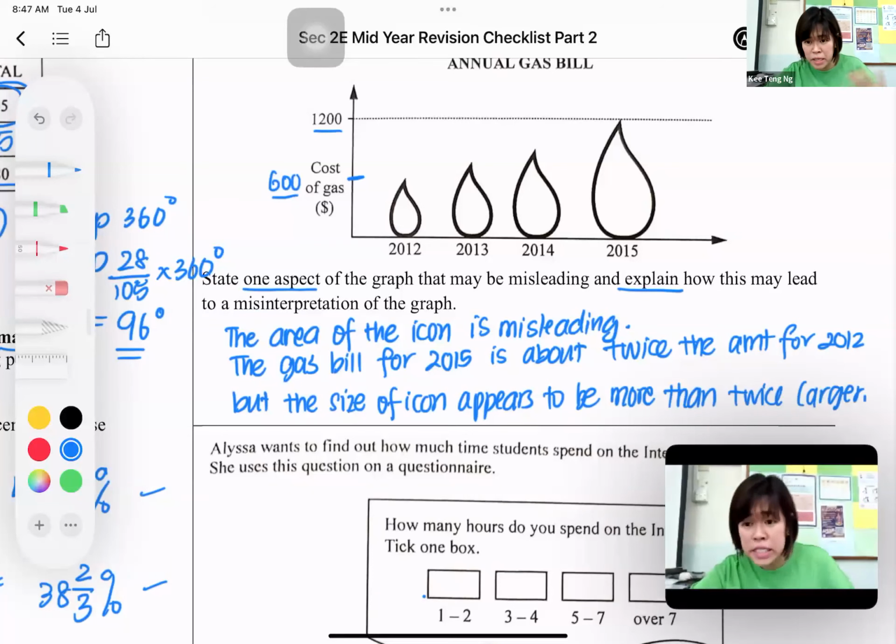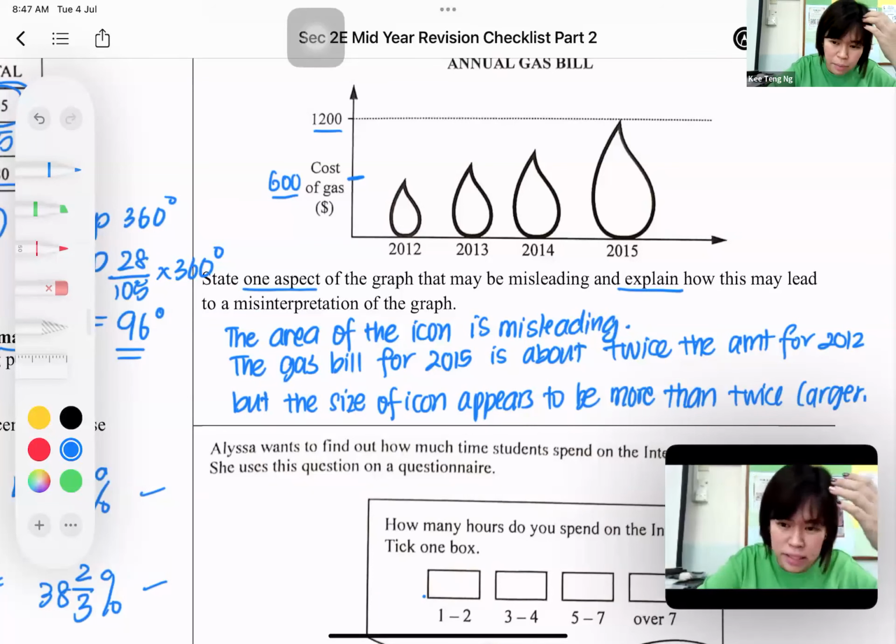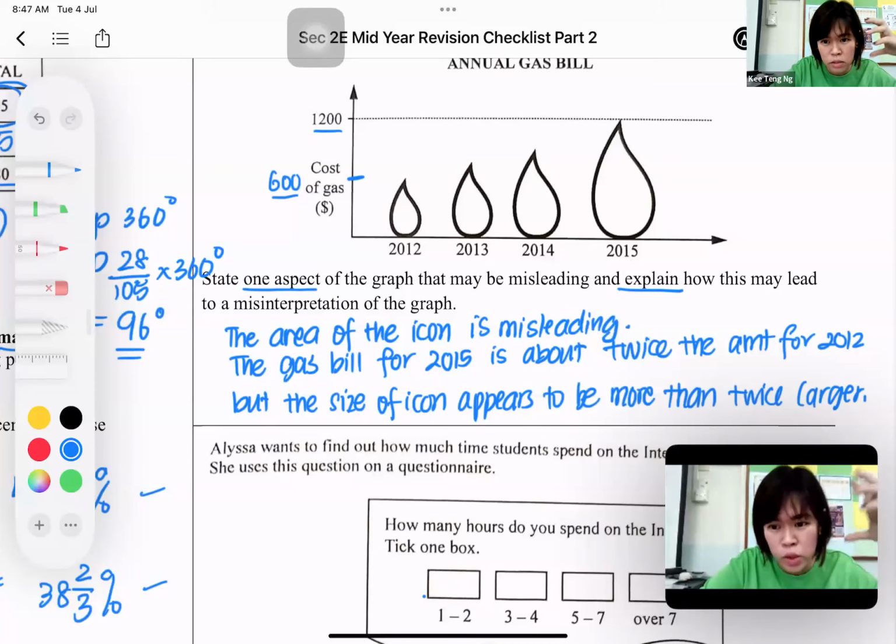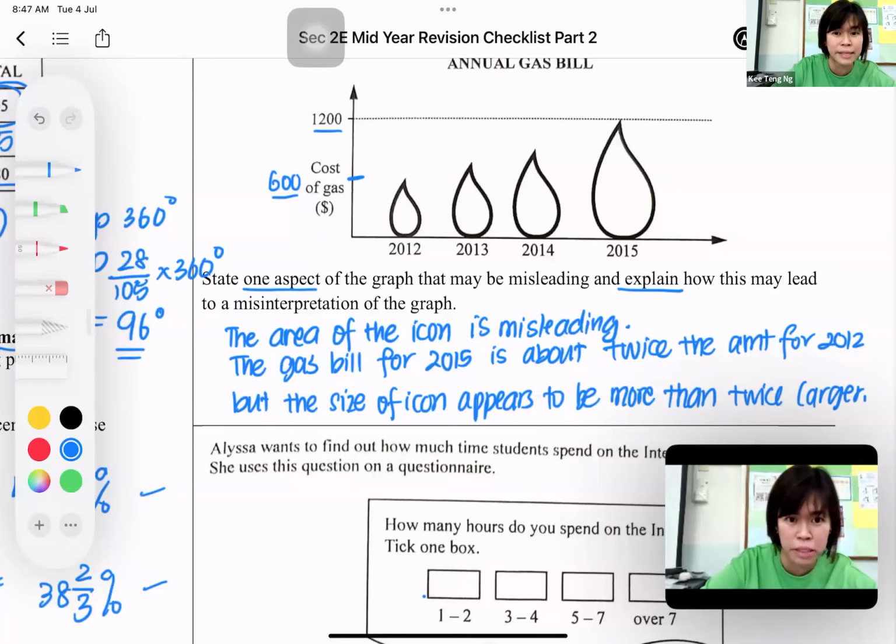So this may give people a misconception that the 2015 bill has increased, is extremely larger, so many times more than the gas bill for 2012. Hence, this is not a good choice of icon.